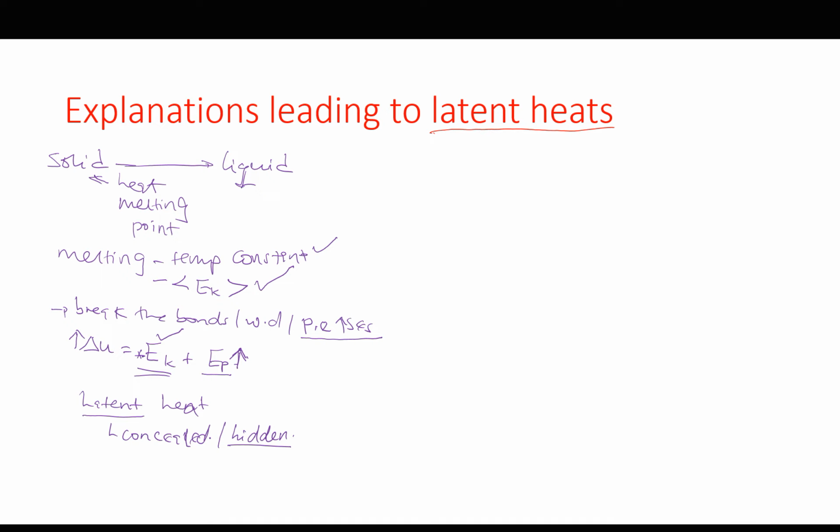To be specific, when we are moving from a solid to a liquid, that is when there is melting, we shall specifically call this the latent heat of fusion. From solid to liquid, we shall call it the latent heat of fusion. So when a solid changes to a liquid, that heat is going to be called the latent heat of fusion.